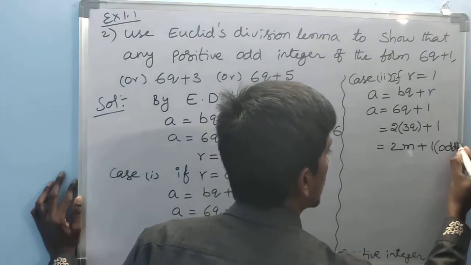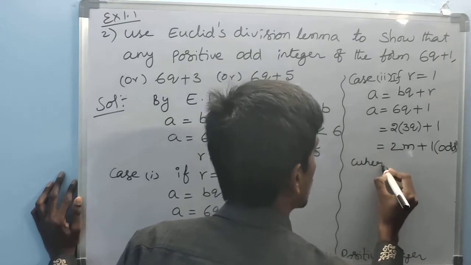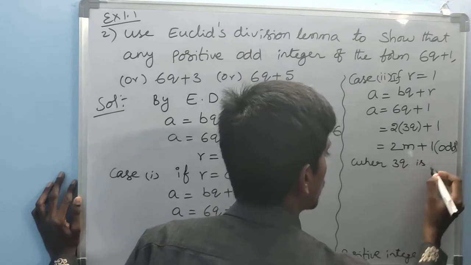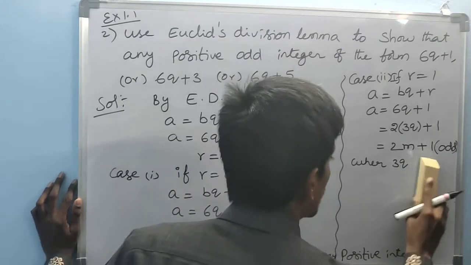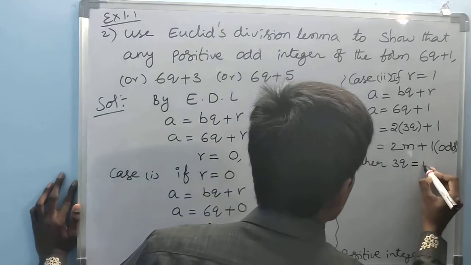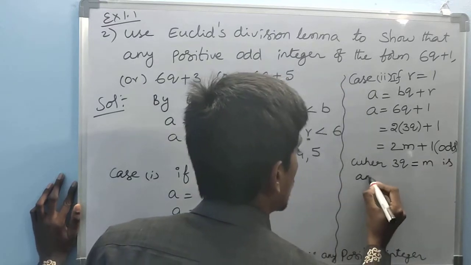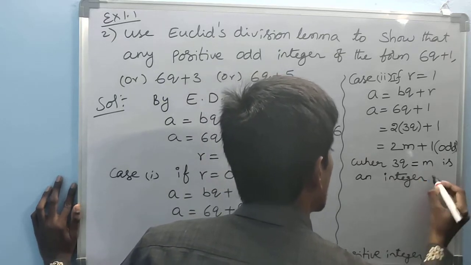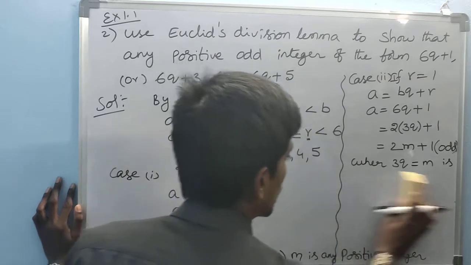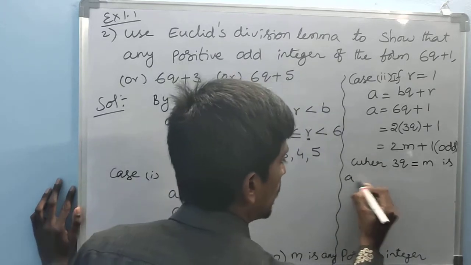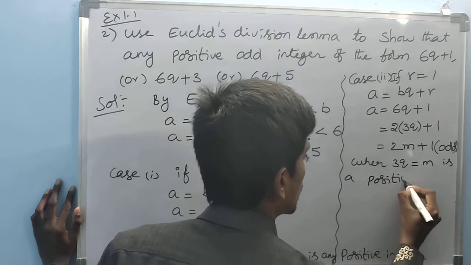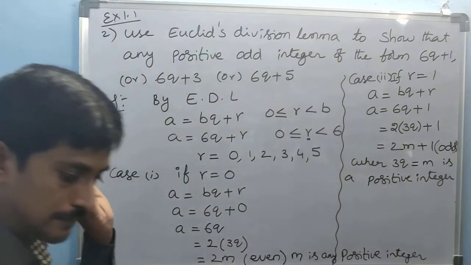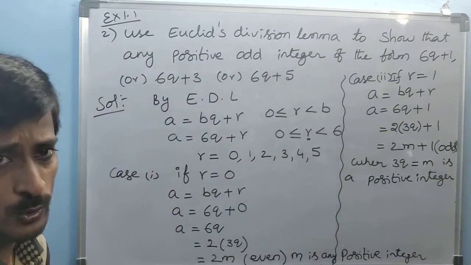It is odd, where 3q equals m, which is an integer or positive integer. m is a positive integer. Okay, this is case 2.